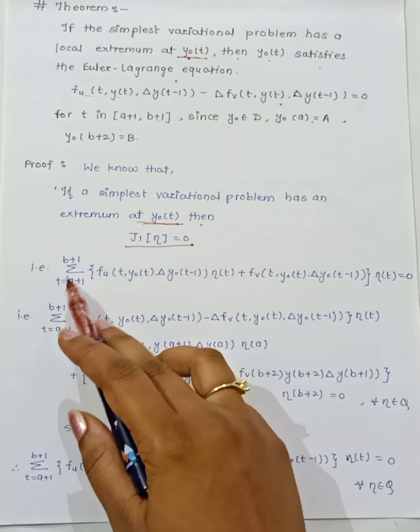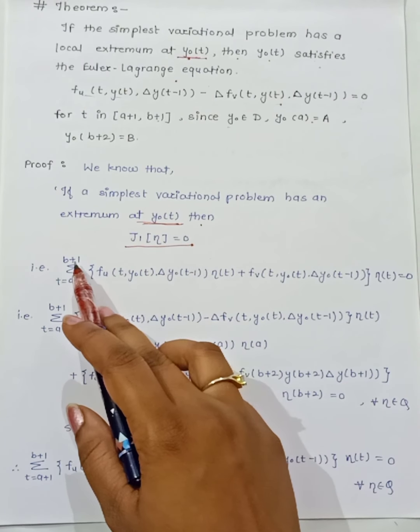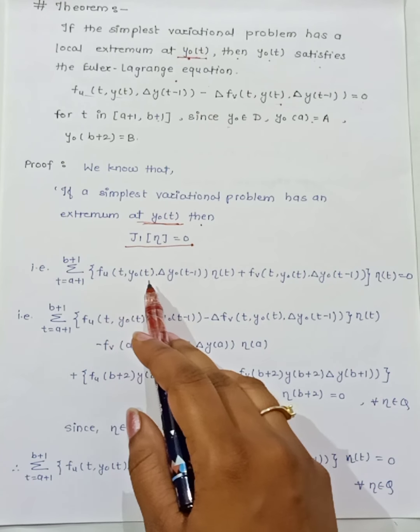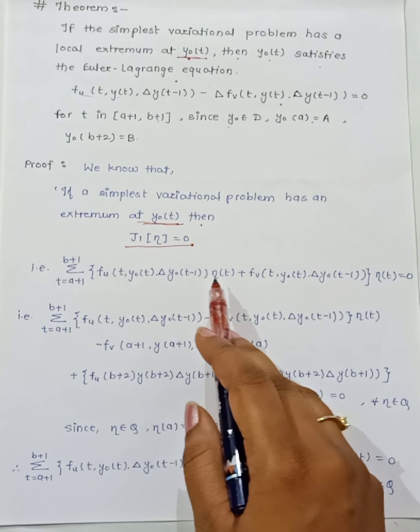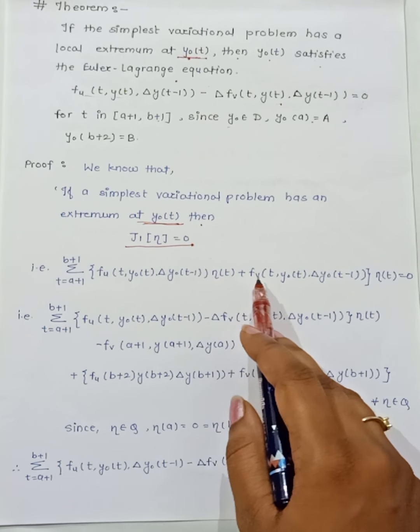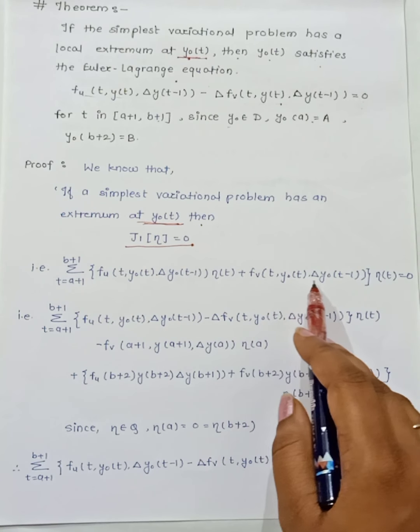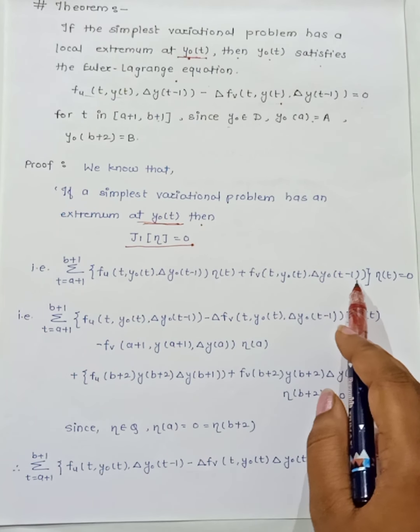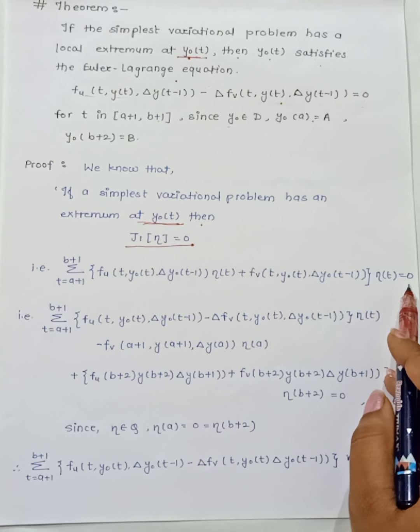That is summation over t from a plus 1 to b plus 1, fu of t, y0 of t, delta y0 of t minus 1, into eta of t, plus fv of t, y0 of t, delta of y0 of t minus 1, into eta of t, equals 0.